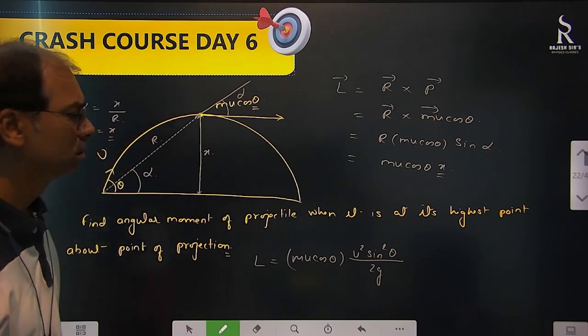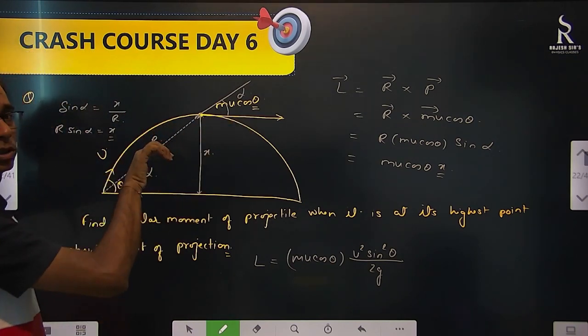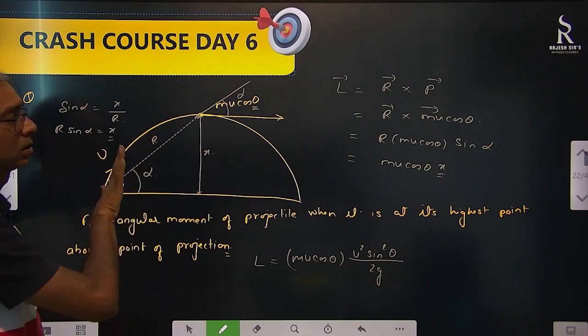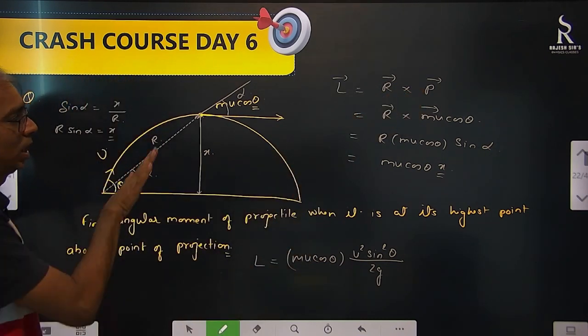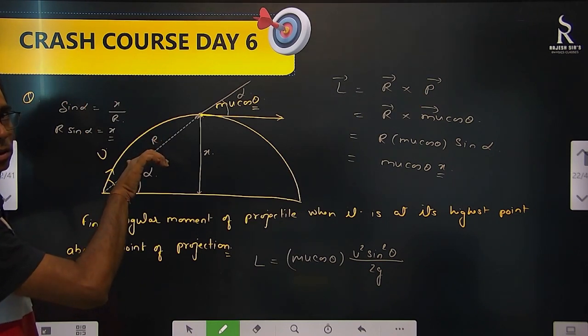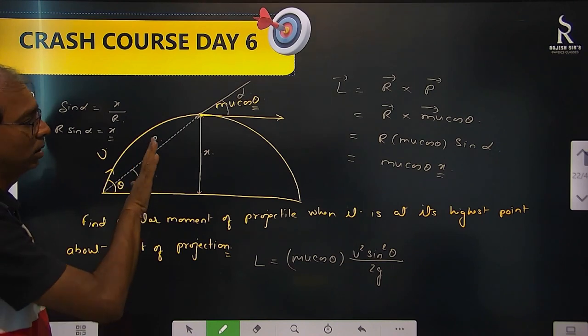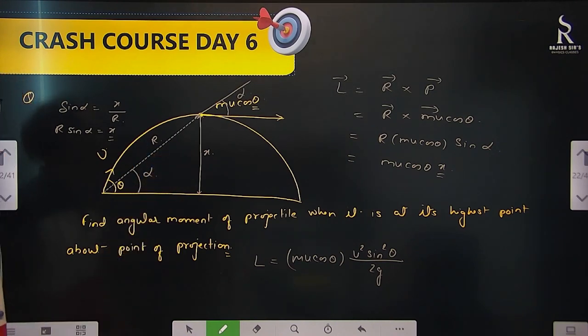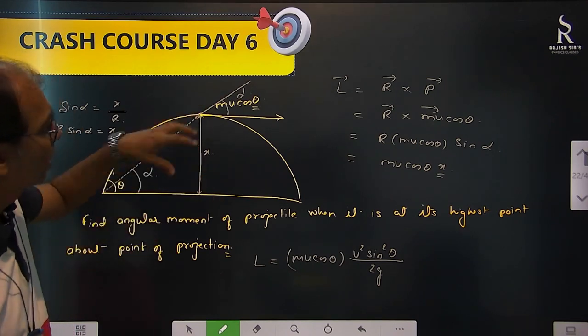This is r and this is velocity. So how is the rotation? Clockwise. r cross p, so where is it? Inside. Inside is the direction of angular momentum, as it is rotating clockwise. So this is the angular momentum when the projectile is at the topmost point.